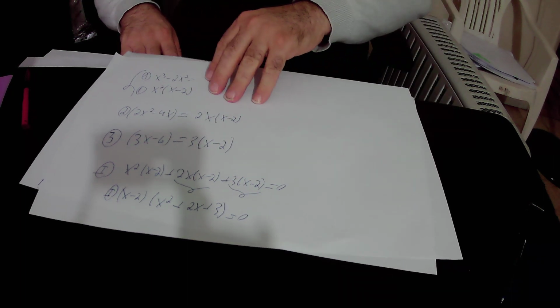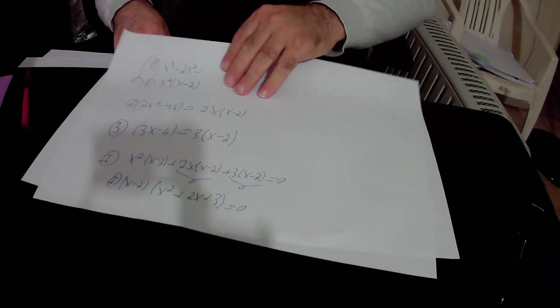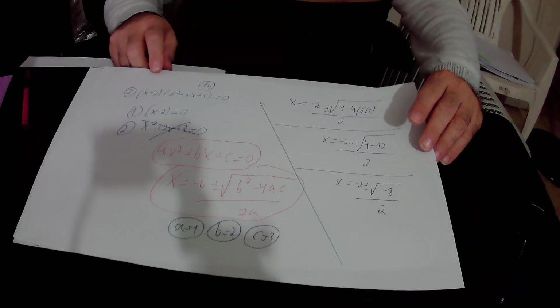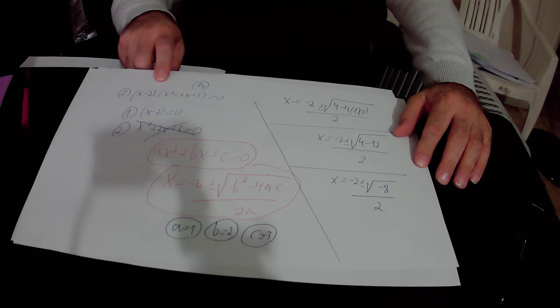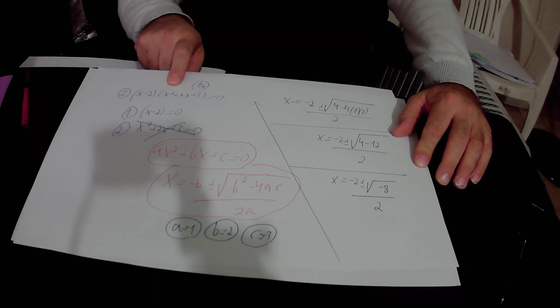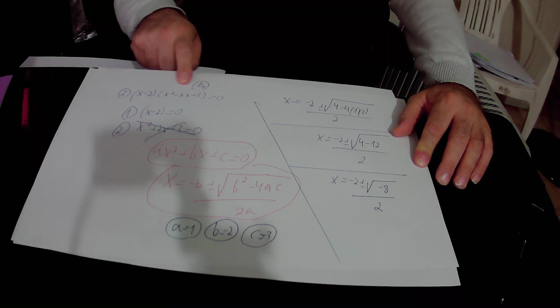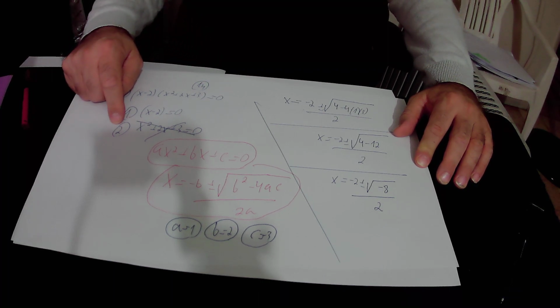So here we have two possible solutions. The first solution to this equation number 1 is that x minus 2 equals 0, and the second solution is that x squared plus 2x plus 3 equals 0. And then we focused on the second solution.